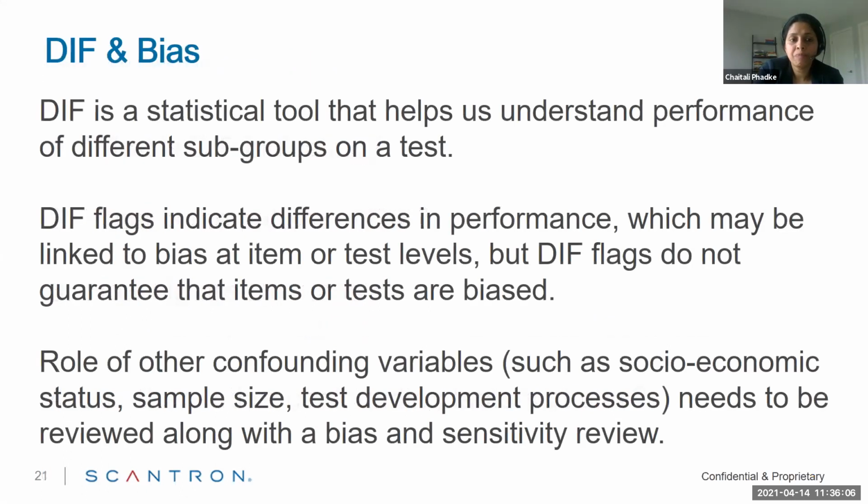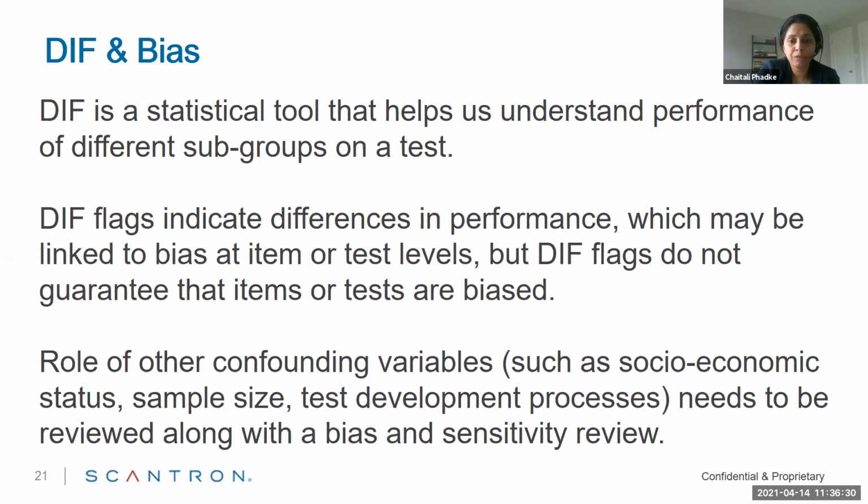And so taking the same thoughts forward, we need to remember that DIF is a statistical tool that helps us understand how an item performs across subgroups. Interpreting stats cannot be a siloed approach, and therefore the stats also need to be interpreted in the context of parameters, including sample characteristics, practices, and processes followed around development of the exam form.